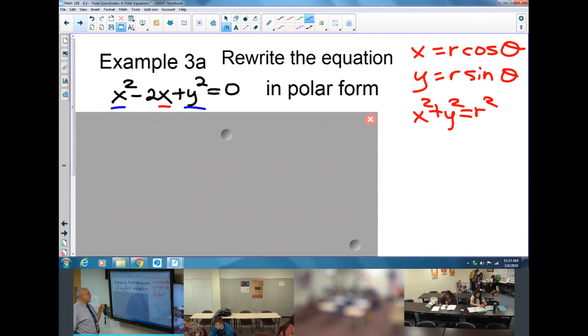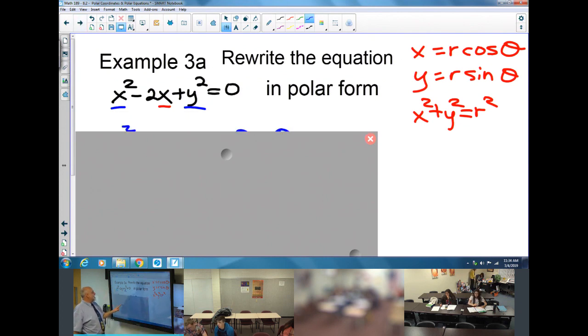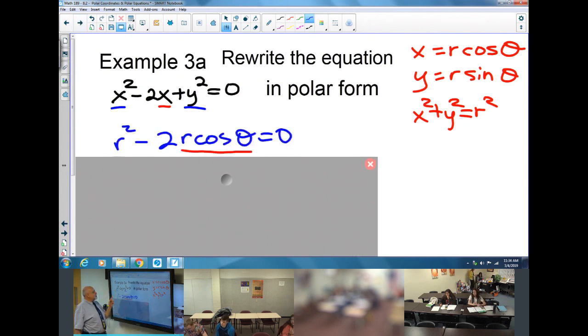The easiest way to do it is look to see if you have an x squared plus a y squared. If you have an x squared plus a y squared, just substitute in r squared for that. That's the easiest way. And then minus 2x. So in place of x, you substitute in r cosine theta.